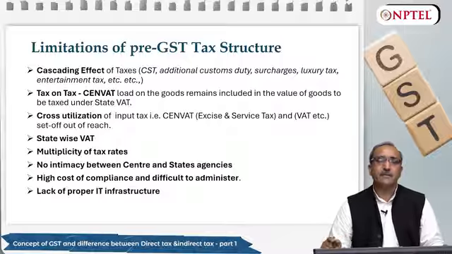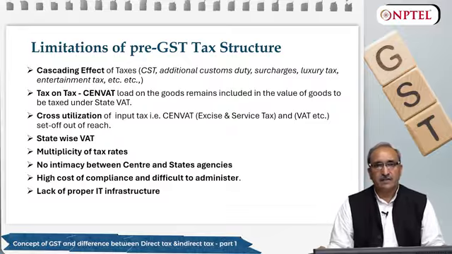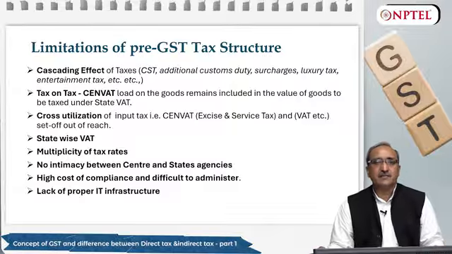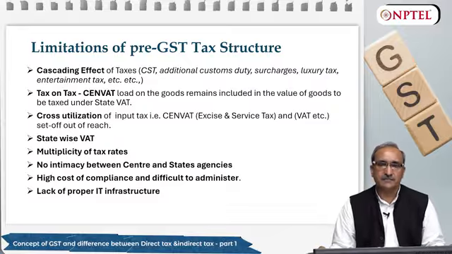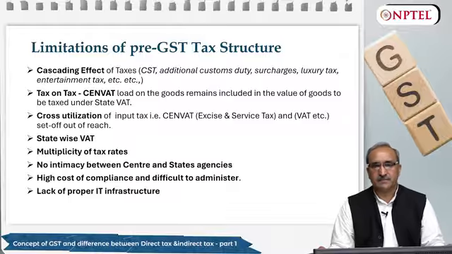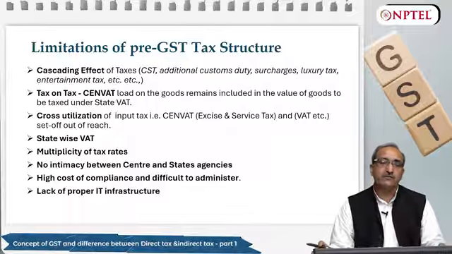Taking the same example of a car, if a car is manufactured in Karnataka, and in Karnataka the sales tax on a car is 15%. In Haryana, the sales tax rate on a car is 12%. In UP, it was 17%. In Tamil Nadu, it was 20%. In Maharashtra, it was 25%.